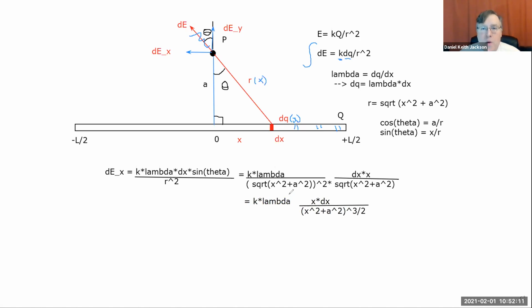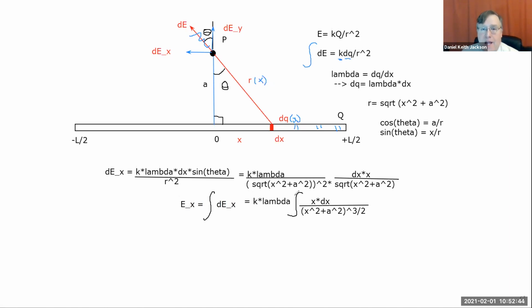And so this ultimately is what we're going to get. So E is equal to the integral of dEx, E sub x. Essentially, we're going to take the integral of this.